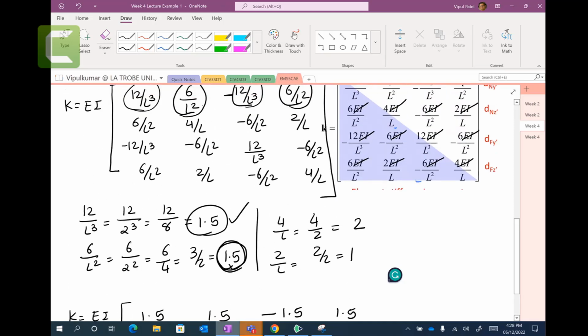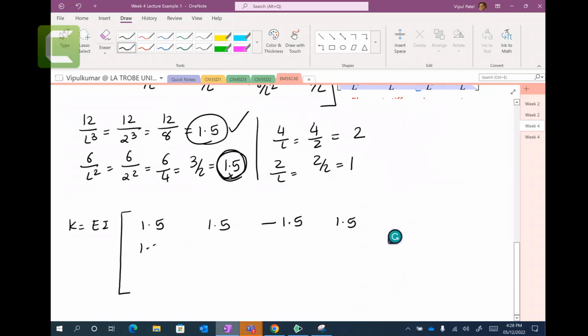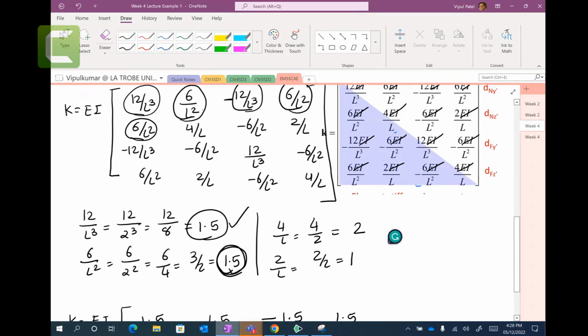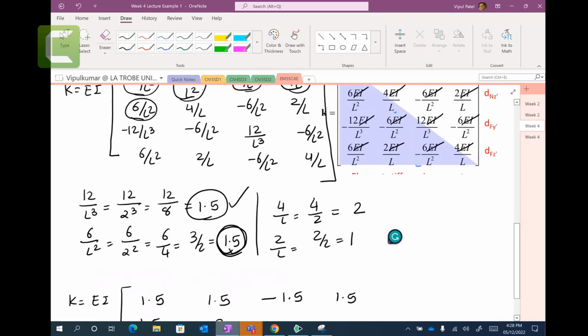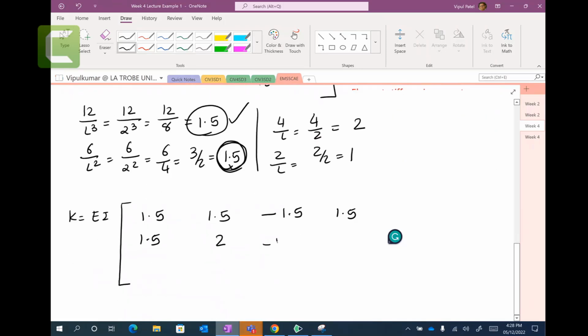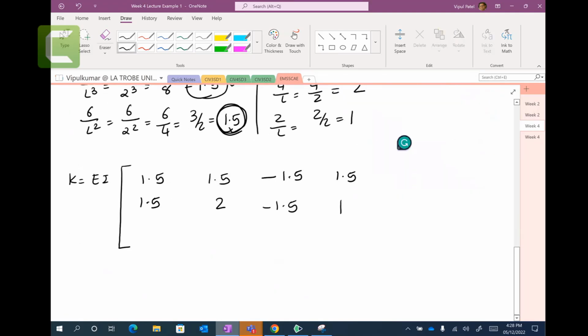So far so good. 6 on L square, 1.5. 4 on L, 2. Minus 6 on L square, minus 1.5. 2 on L, 1.